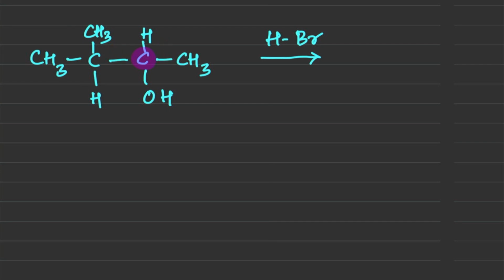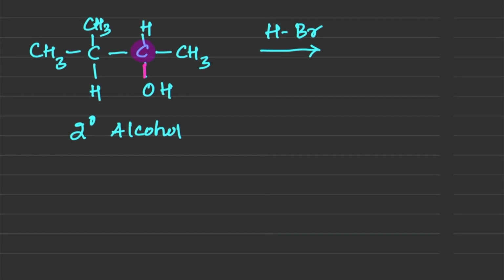So this one is an example of a secondary alcohol, because the carbon atom that is connected to OH directly is connected to two other chains. All right, so let's look at what would be the product.